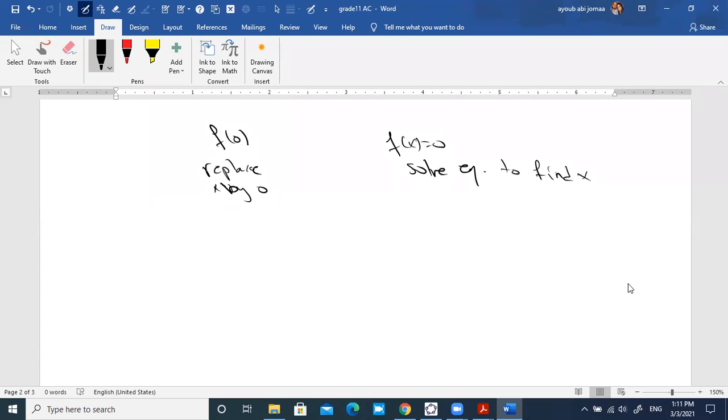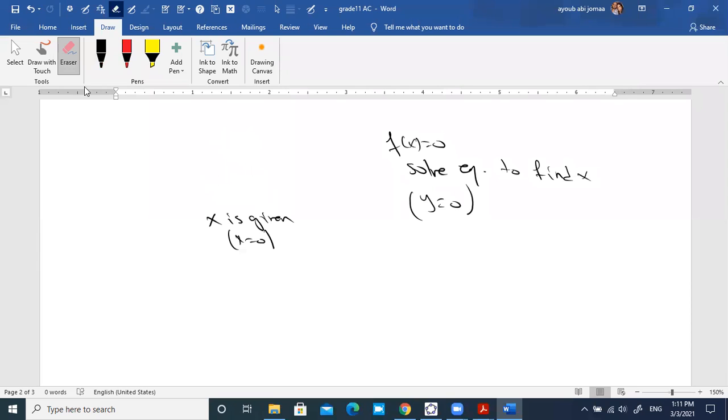Here x is given, it is given as 0. Here you have to find the value of x. Here the given is f of x, and here the given is y, y equals 0. Don't mix them.